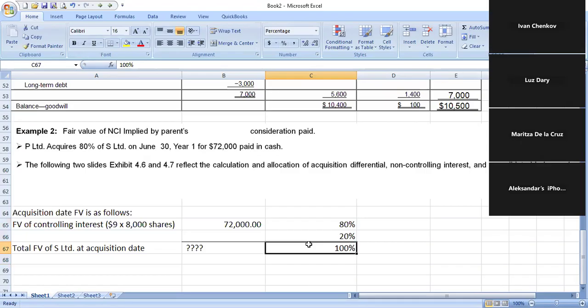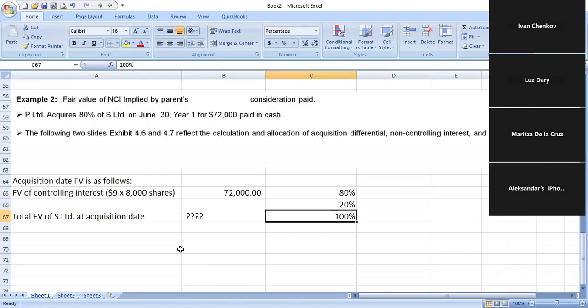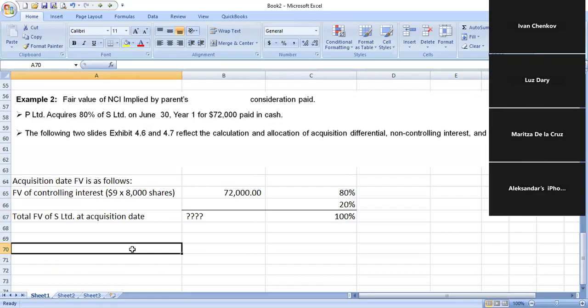Do you understand this? So if I purchase only 80% of the shares, I'm paying $72,000. How much would I have to pay if I purchase 100% of those shares? Do you understand what the question is? So 90.